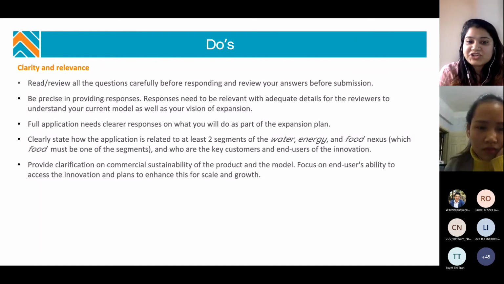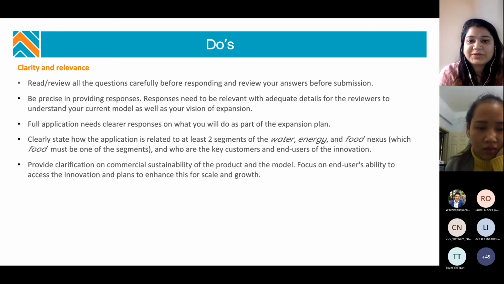Clearly state how the application is related to at least two segments of the water, energy, and food nexus. And food definitely has to be one of the segments. And then, who are your key customers and end users in the innovation? In some concept notes, we thought there wasn't enough clarity on this.